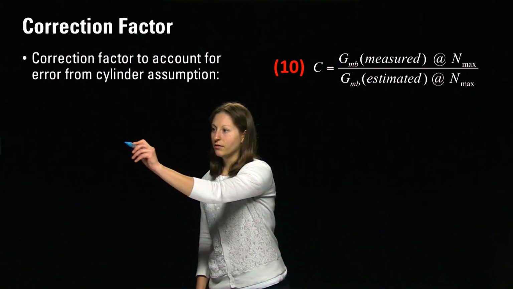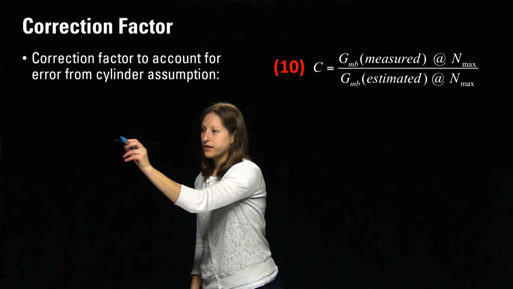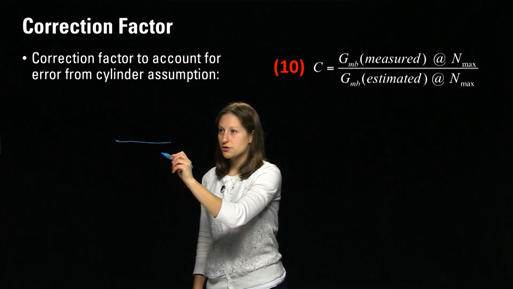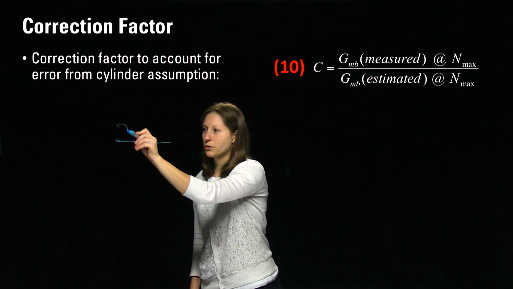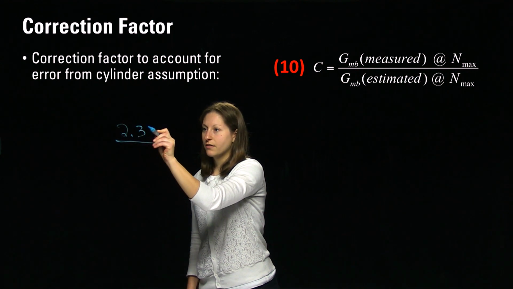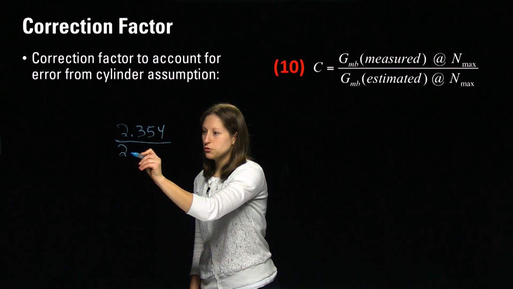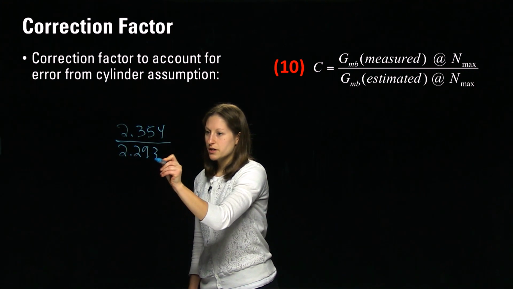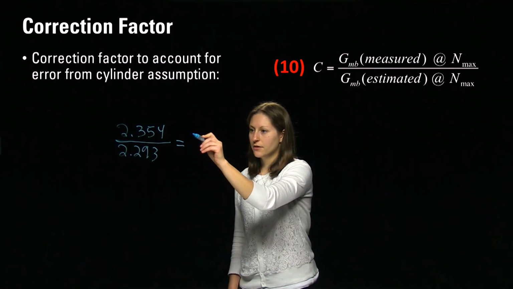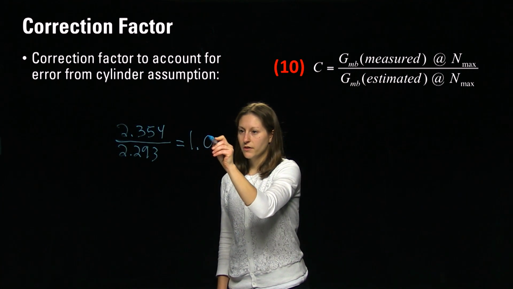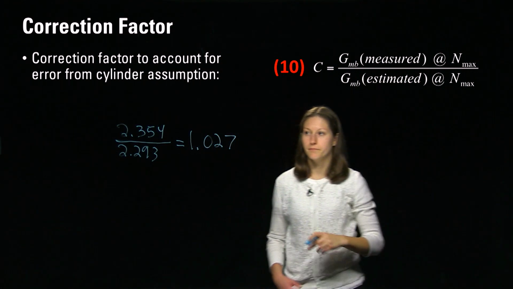For our example, C is calculated as the ratio between our measured bulk specific gravity, which was 2.354, over our estimated, which was 2.293, which gives us a correction factor value of 1.027.